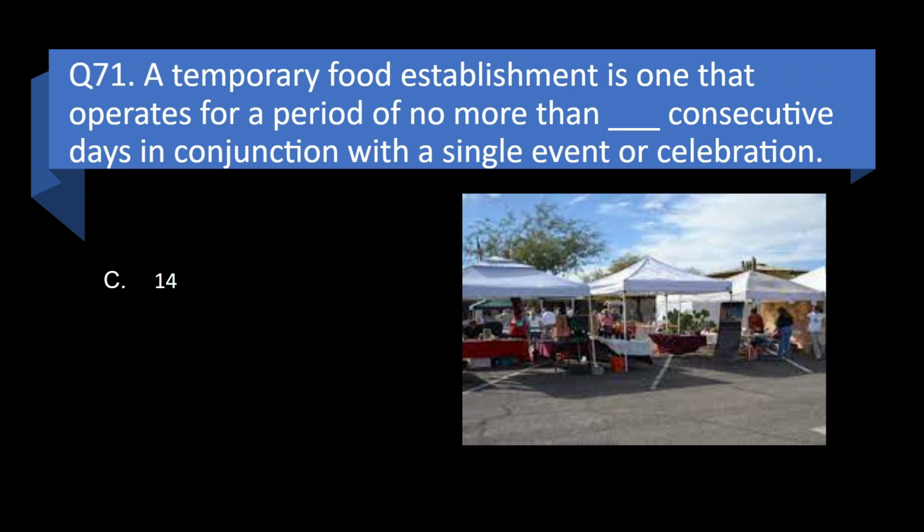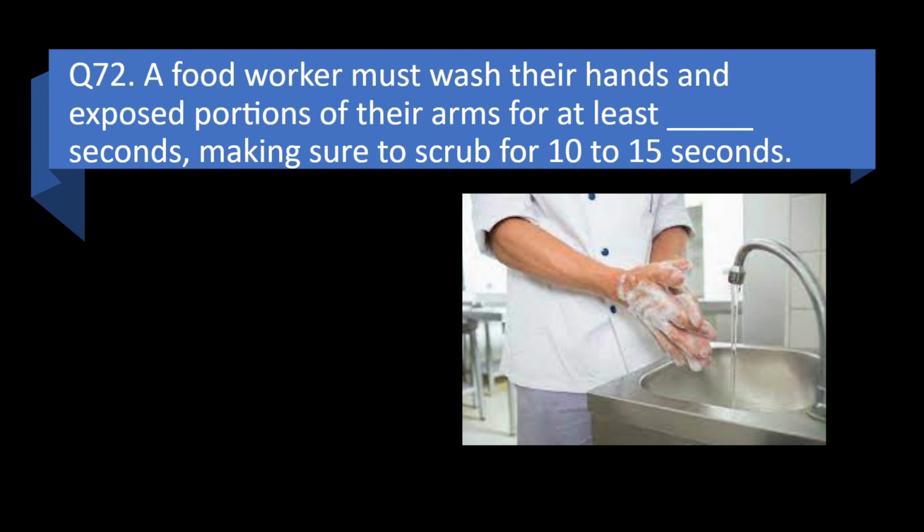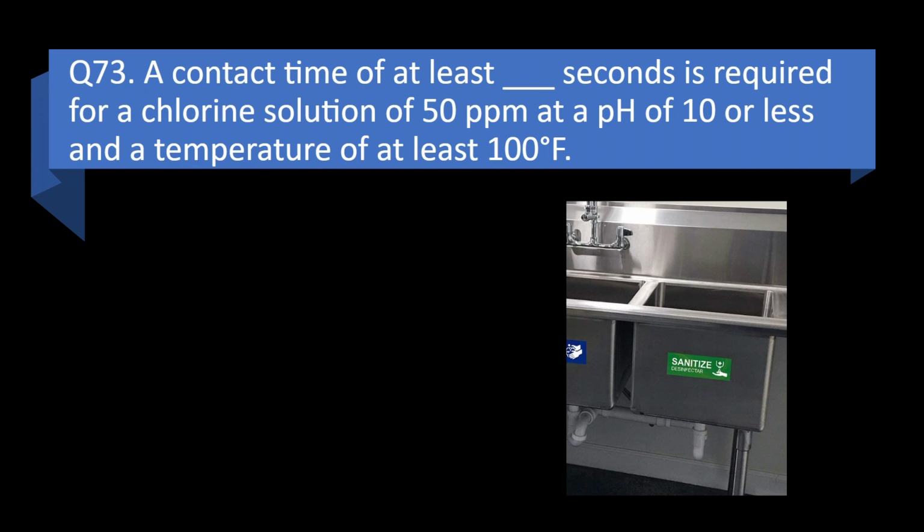C. 14. Question 72. A food worker must wash their hands and exposed portions of their arms for at least blank seconds, making sure to scrub for 10 to 15 seconds. 20, 30, 45, or 60. A. 20. Question 73.